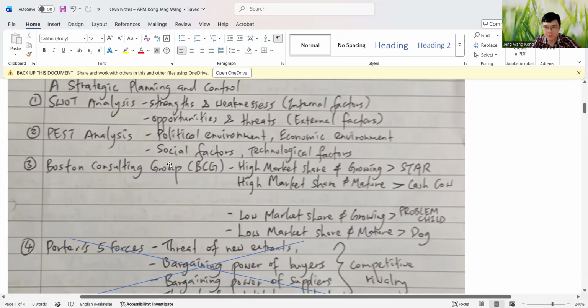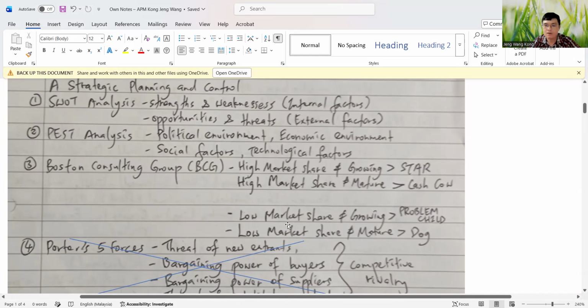Boston Consulting Group, BCG. High market share and growing, the products will be under star. High market share but mature, it will be categorized as cash cow.